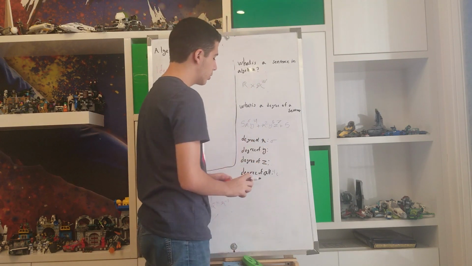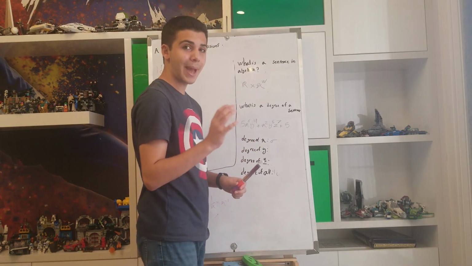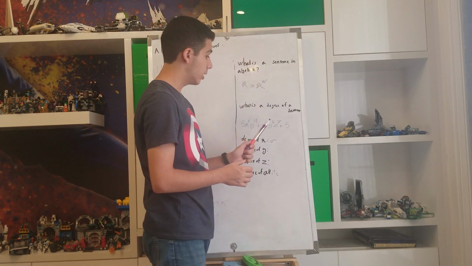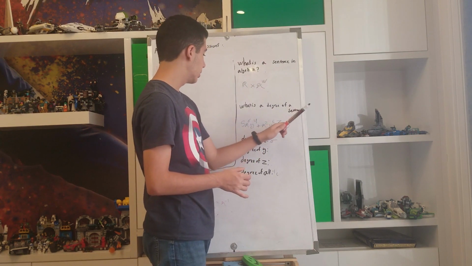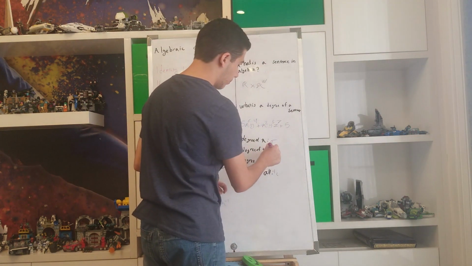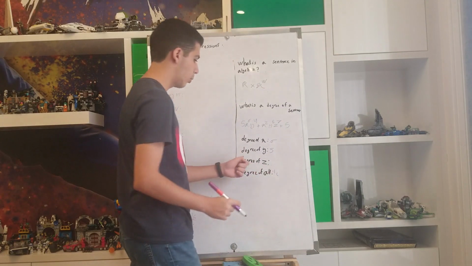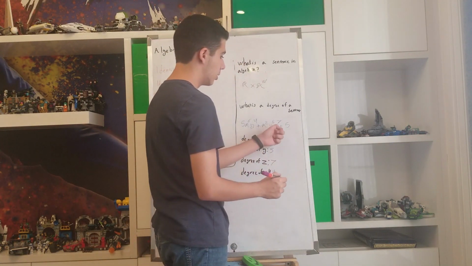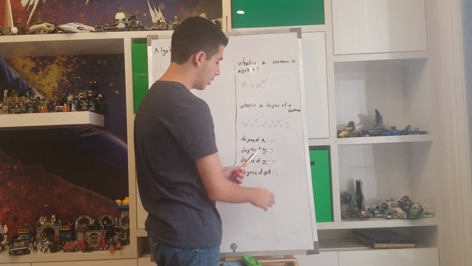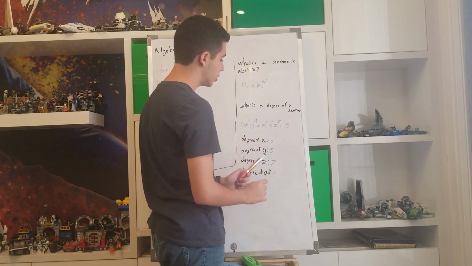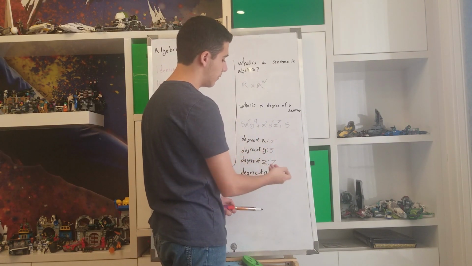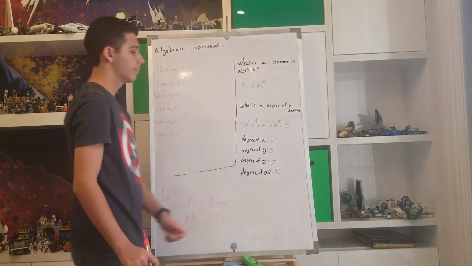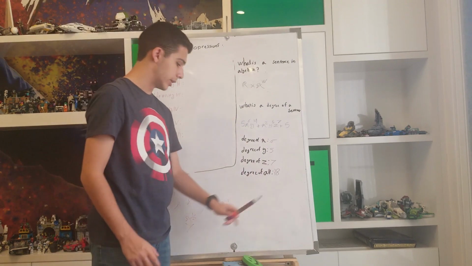Now, what is the degree of y? The answer will be 5. What about z? z will be 7 since there's only one z. And in this case, you have to just add all of these together, so it's 11, 18. So, yeah, that's how you find degrees.